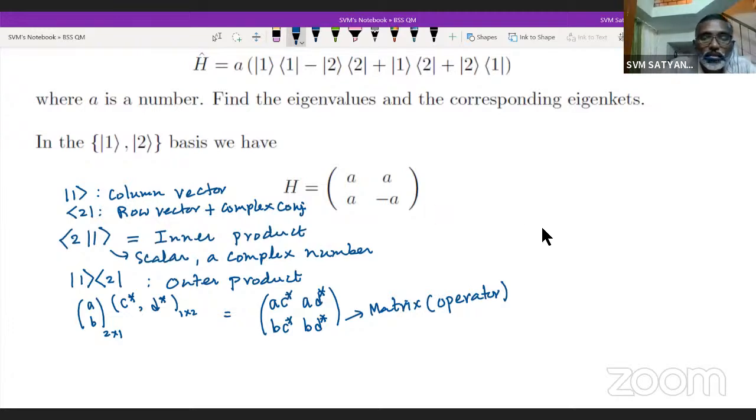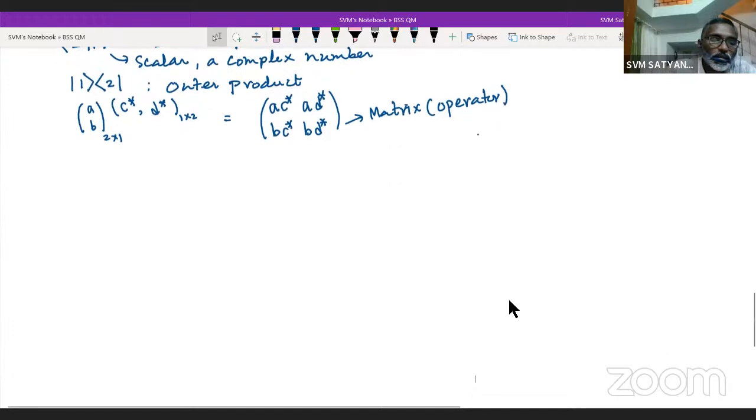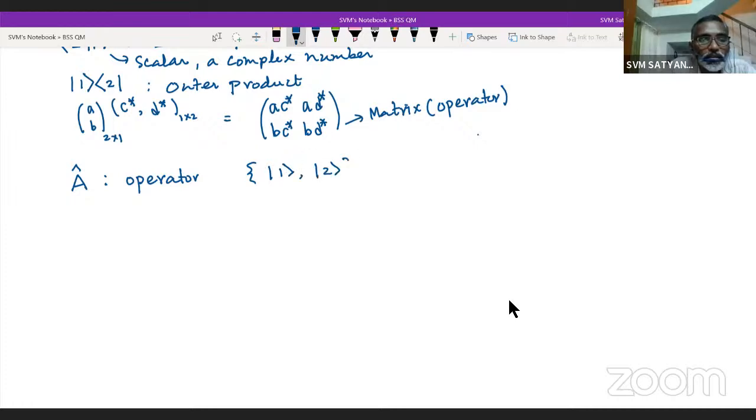So this is a matrix, or in general we call this an operator. Suppose we have an operator A, and let's say we have a basis |1>, |2>. In this basis, this operator can be recognized as a matrix. What are the matrix elements?